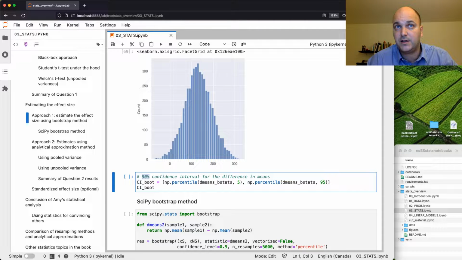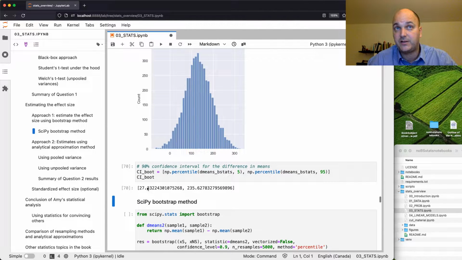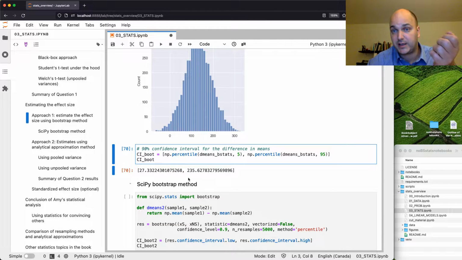So 90% means we need to cut off 5% from the bottom and 5% from the top. The answer we get is a range, 27 to 235. So this gives us a range, based on this distribution, of things that are likely for the real value of the difference. Okay, so this is what we can put in the report. Amy can put in the report and say, we think the difference is 130, but really it could be anywhere between these two values.